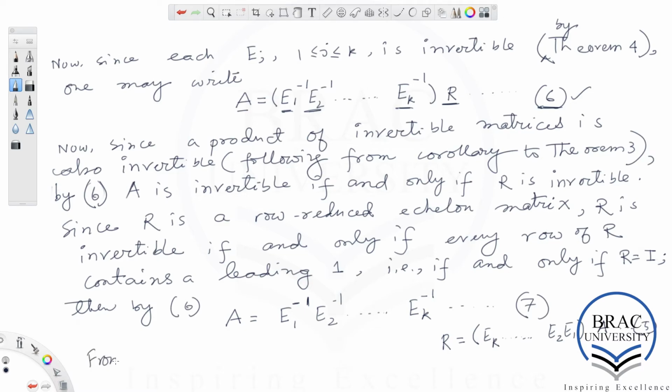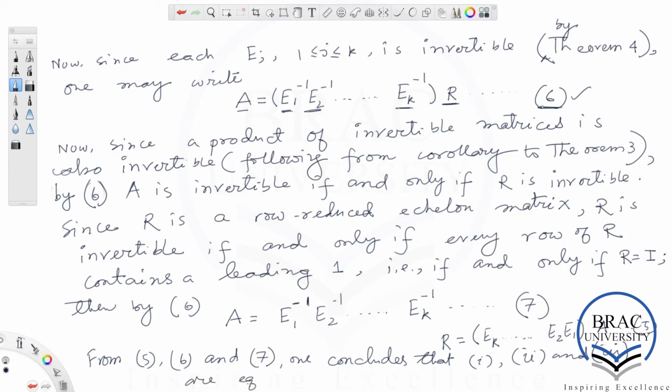From 5, 6 and 7, one concludes that the statements Roman 1, Roman 2 and Roman 3 are equivalent statements.